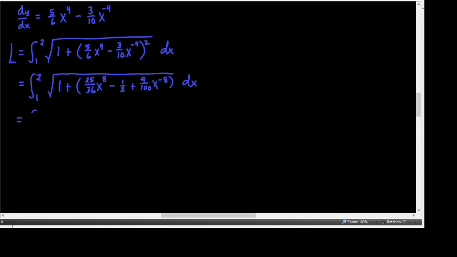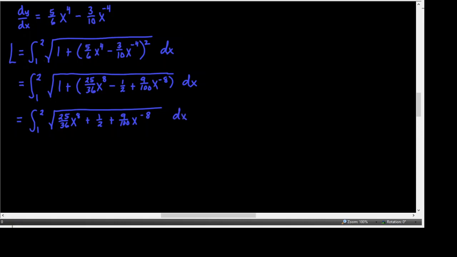All right. Now collecting like terms, I get 25/36 x to the 8th plus 1/2 plus 9/100 x to the negative 8.